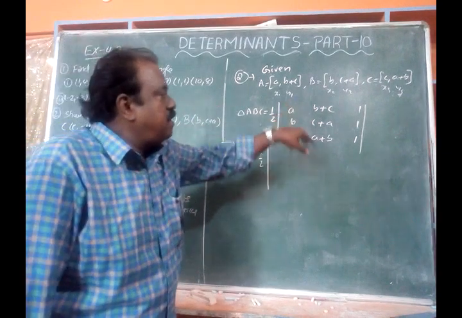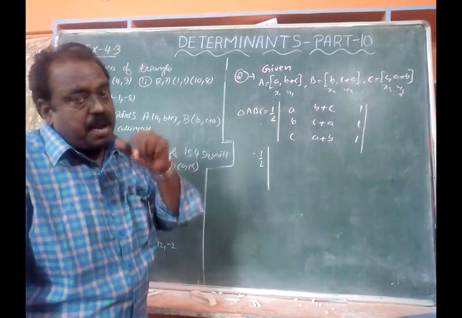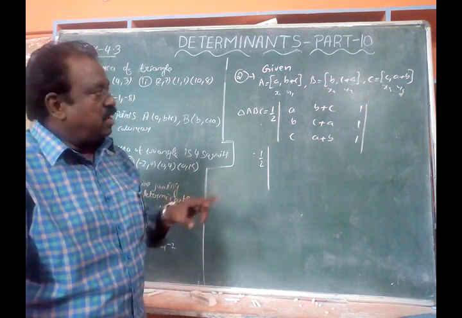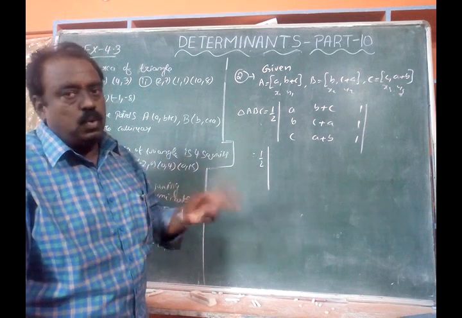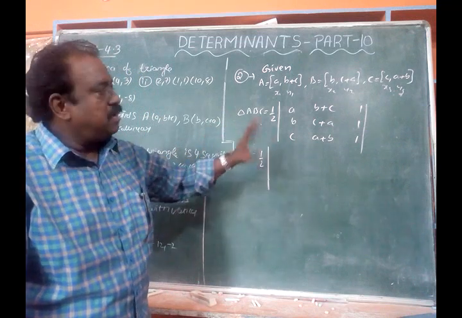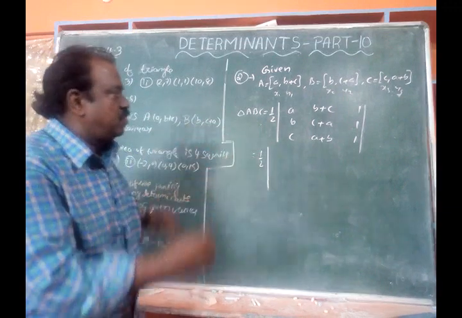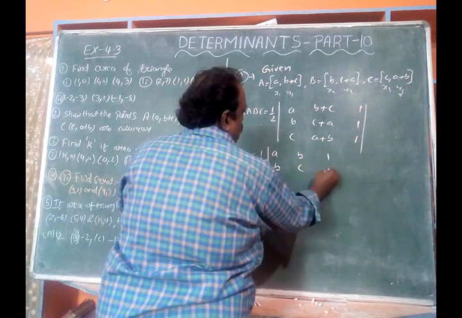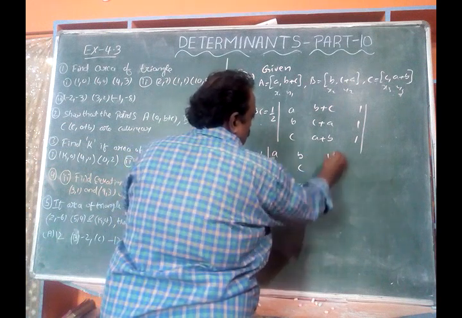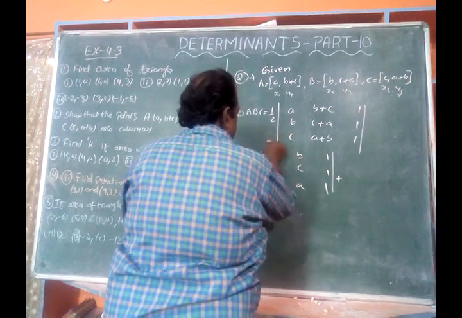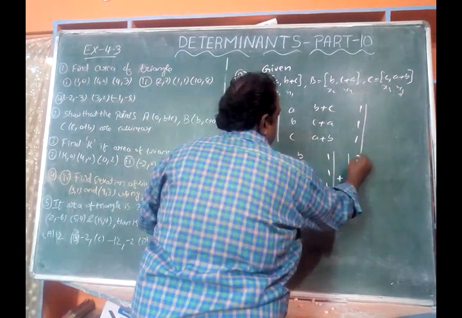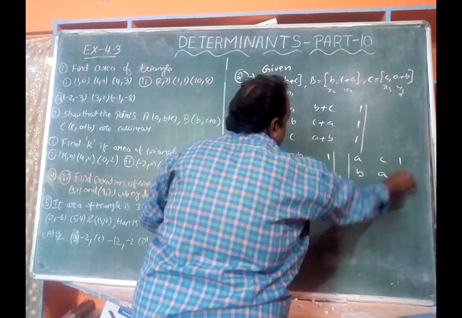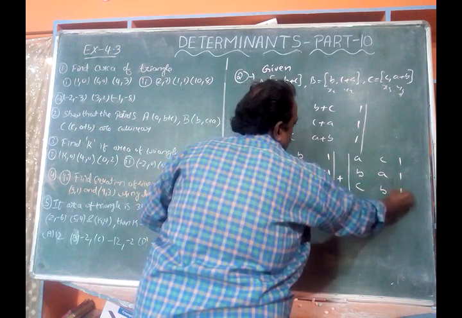Sum of 2 terms, B plus C, C plus A, A plus B. A property is there in determinants: if column 2 is the sum of 2 terms, then its determinant value is the sum of 2 determinants. That means A, B, 1; B, C, 1; C, A, 1, plus again A, C, 1; B, A, 1; C, B, 1.